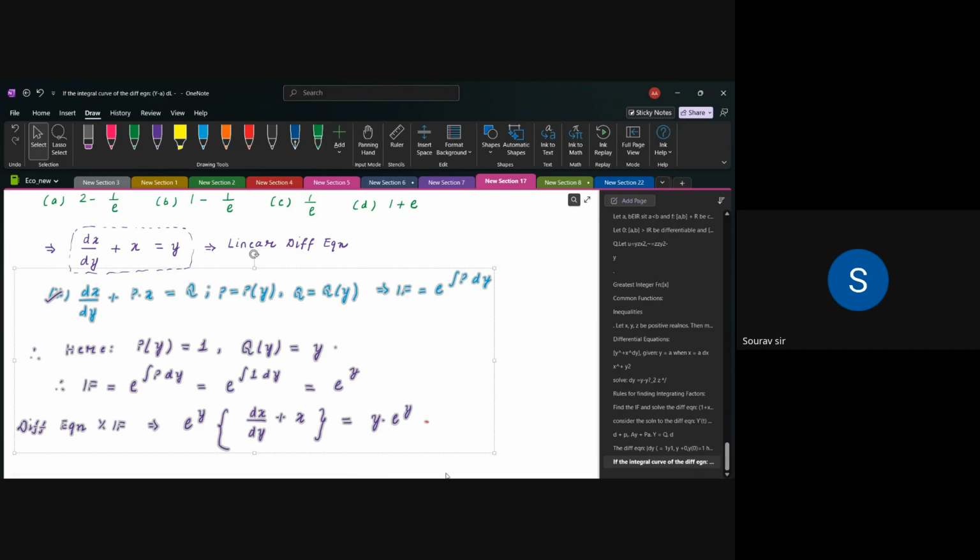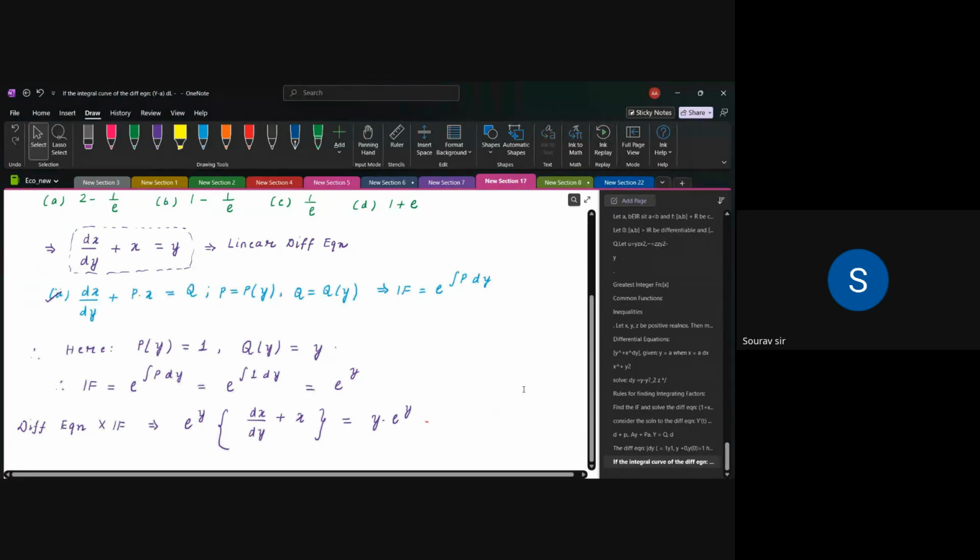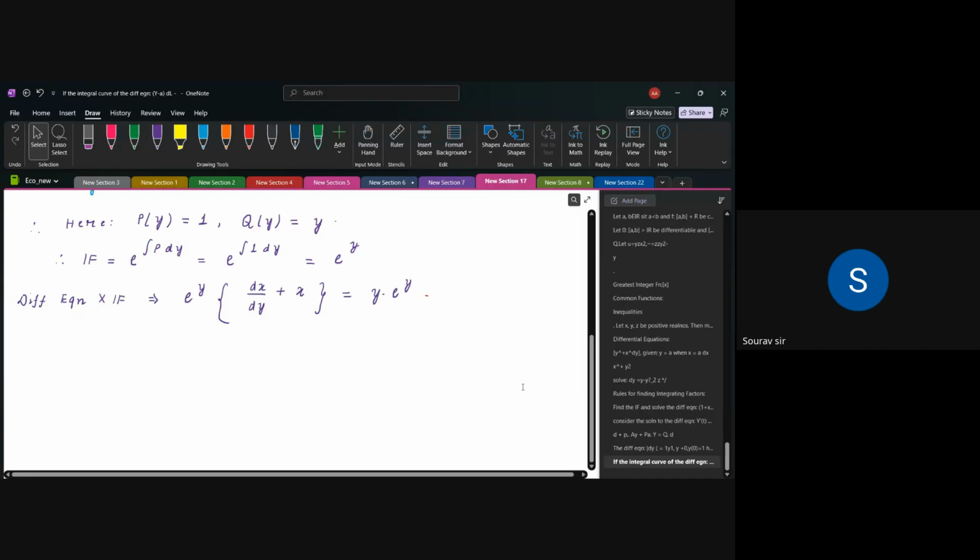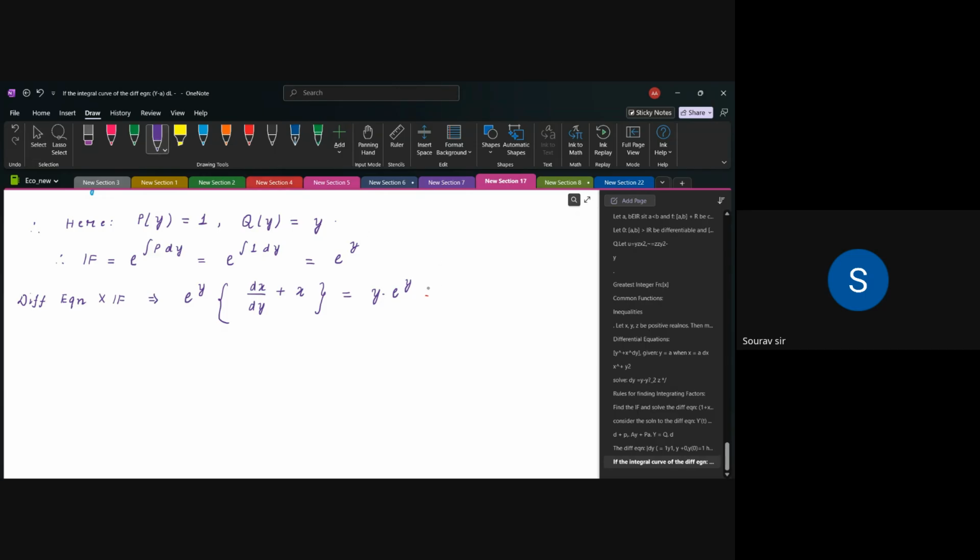Correct. So does anyone have any questions up till this part that we had discussed in the last class? Okay. So if it was fine up till here, let me continue with the solution of this. So after multiplying the differential equation with the integrating factor, this is what we got, right? Up till this step.